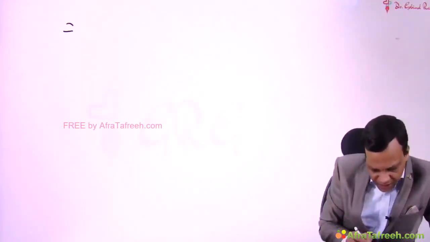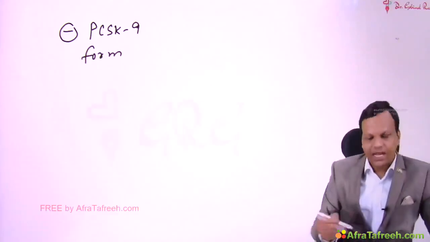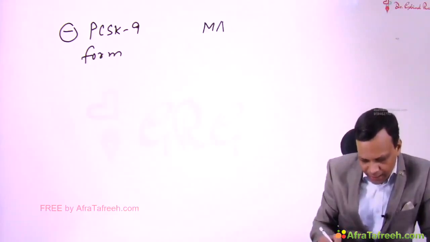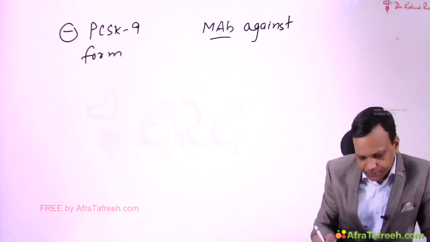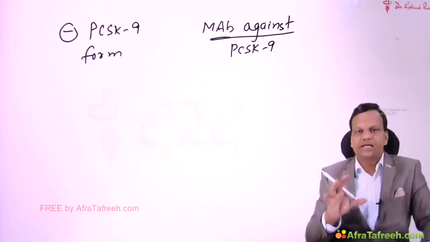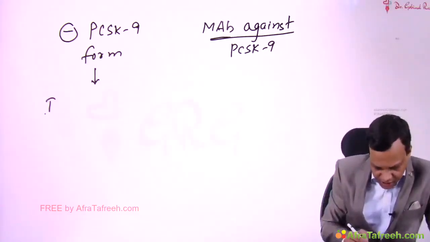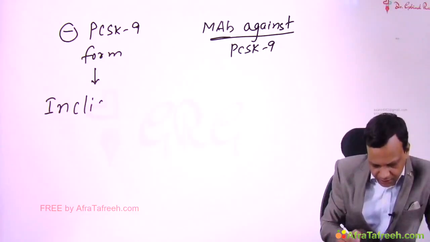One which inhibits the formation of PCSK9, a PCSK9 formation inhibitor. And second, a monoclonal antibody against PCSK9. So two types of drugs we have: one, drugs inhibiting formation, and second, drugs which are monoclonal antibodies. The drug which inhibits the formation is inclisiran.